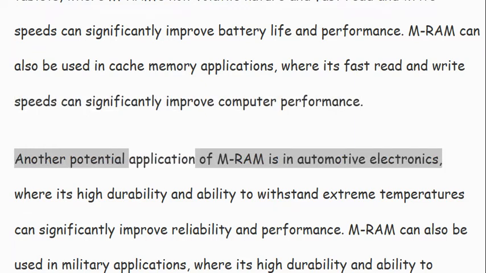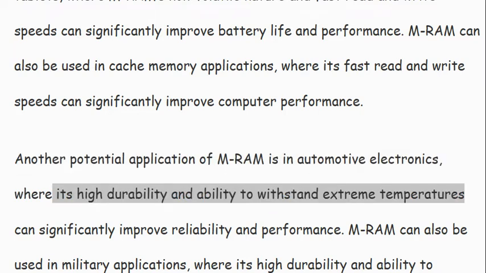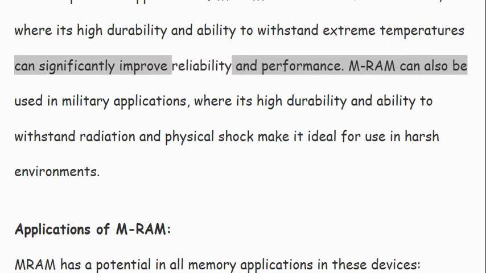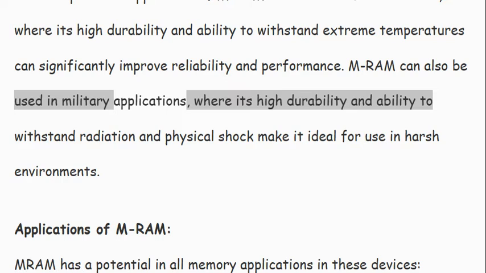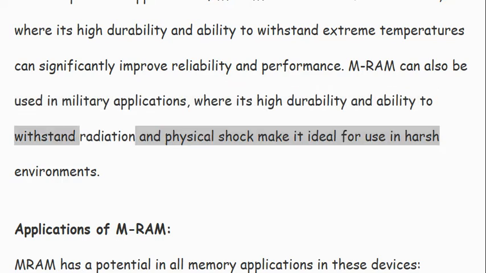Another potential application of MRAM is in automotive electronics, where its high durability and ability to withstand extreme temperatures can significantly improve reliability and performance. MRAM can also be used in military applications, where its high durability and ability to withstand radiation and physical shock make it ideal for use in harsh environments.